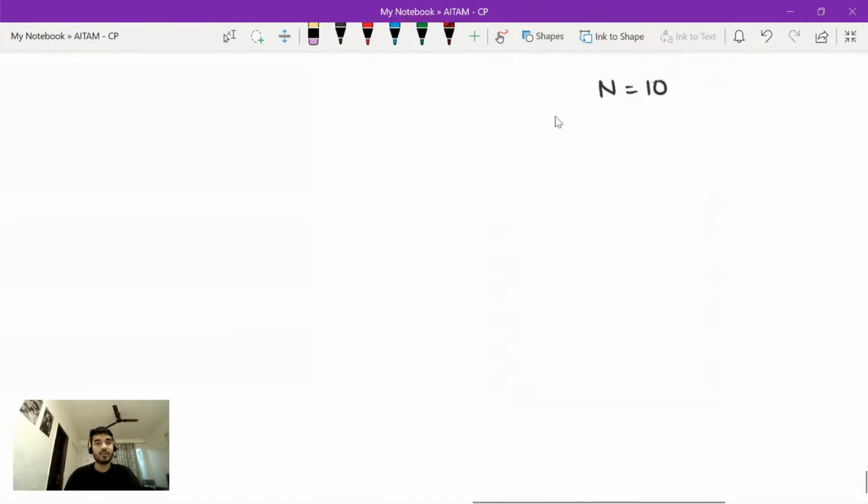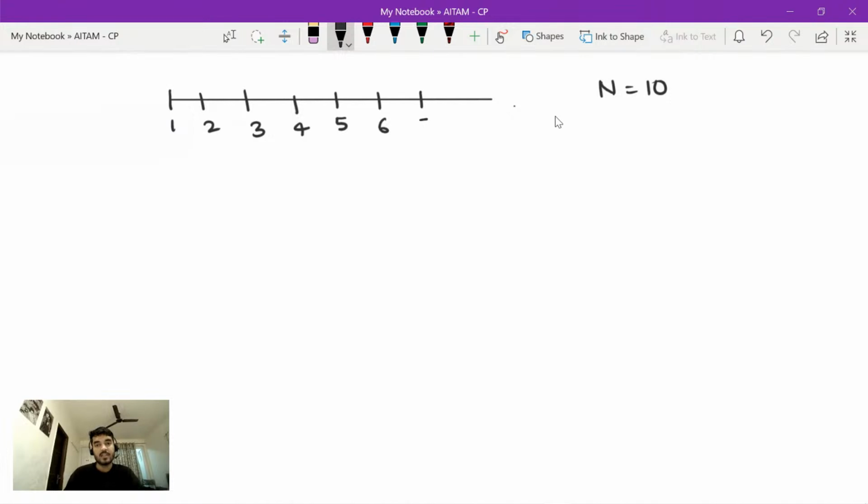So let me just draw the number line. So do not get confused. Here I have decided to break this n into 2 components. So this is 1. Let's call this 2. Then 3. Then 4, 5, 6, 7, 8, 9, and let's call this 10.